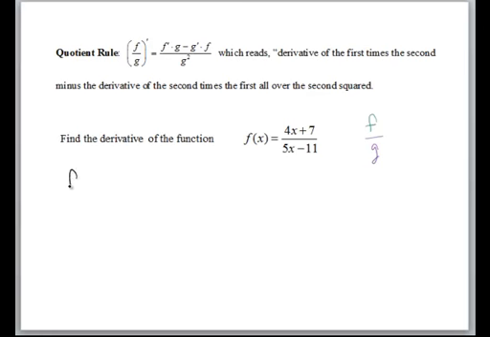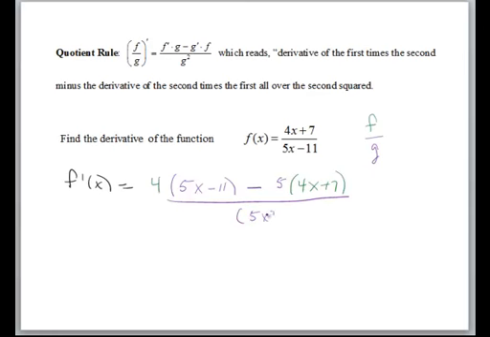So the derivative f prime of x is going to be equal to the derivative of the first, so the derivative of 4x, then times the second, so times whatever you have in the denominator, 5x minus 11, minus, now it's going to be the derivative of the second, so the derivative of 5x minus 11, times the first, so times 4x plus 7. And then this is going to be all over the denominator squared.